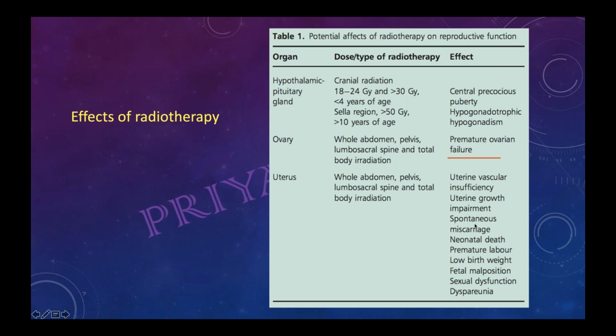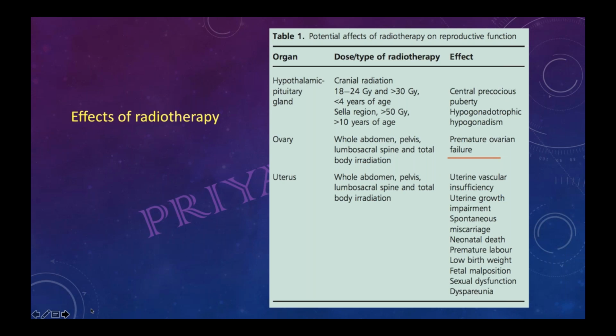At the level of the uterus there will usually be vascular insufficiency and uterine growth impairment, if the radiotherapy is on the uterus. So development will not be so good. There could be miscarriage, fetal death, premature labor, low birth weight, and fetal malposition. So much can occur if radiotherapy is given to this part.